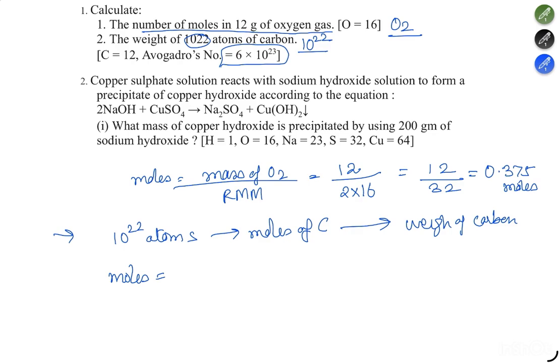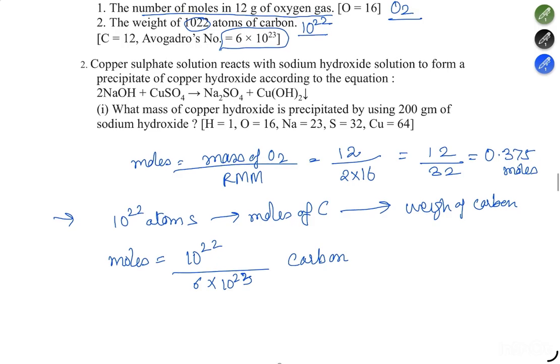If they have given the Avogadro number, take that Avogadro number, because usually we take 6.022 or 6.023, but if they have given 6, it will make your calculation easier. So we can see here 10 raised to the power 23. This is the moles of carbon present in the 10 raised to the power 22 atoms of carbon.